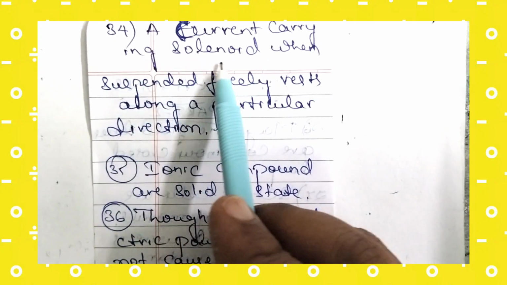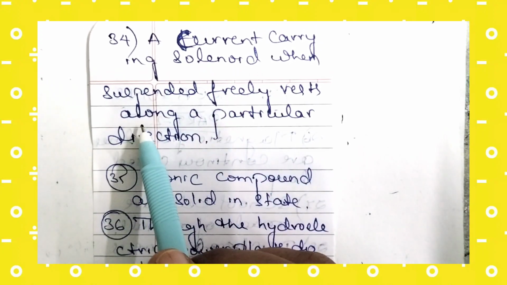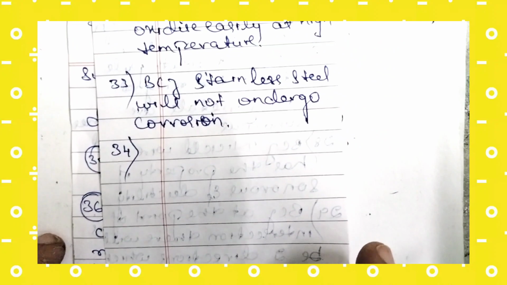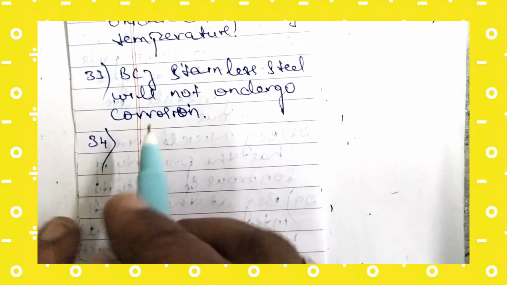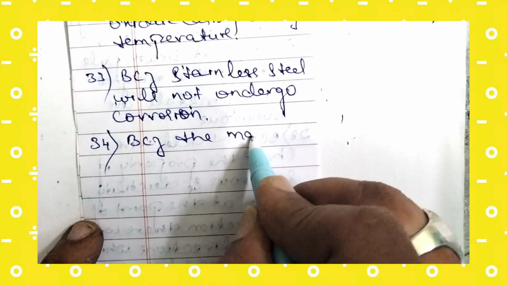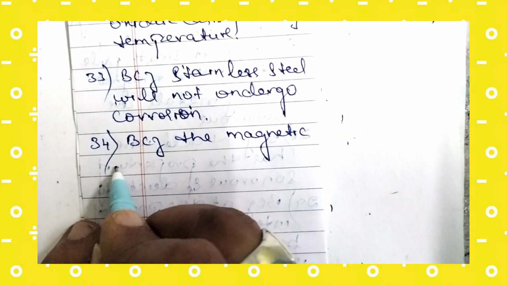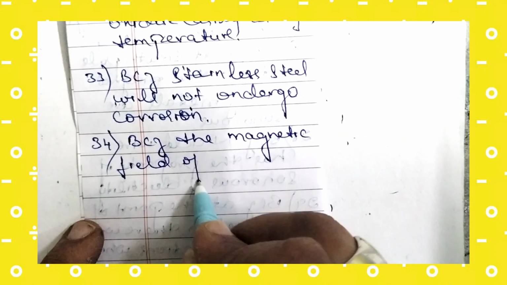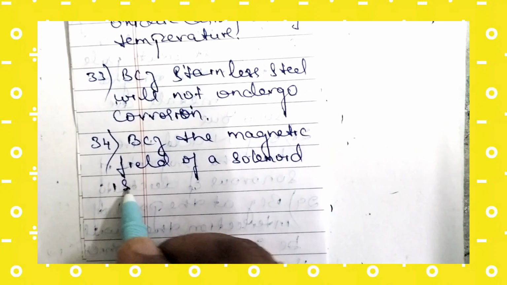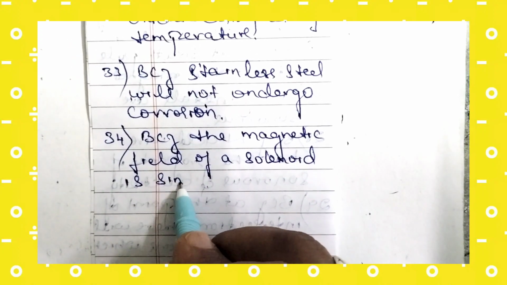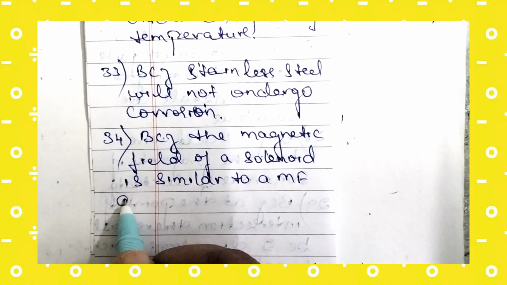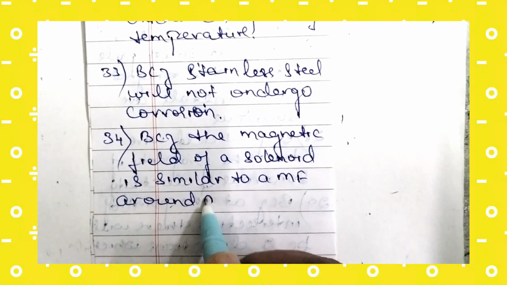A current carrying solenoid when suspended freely rests along a particular direction because the magnetic field of a solenoid is similar to the magnetic field around a bar magnet.